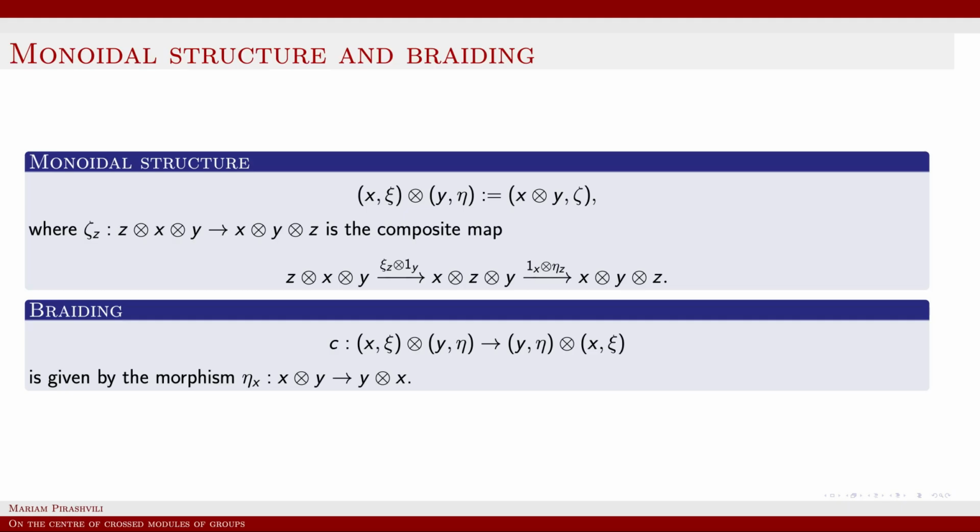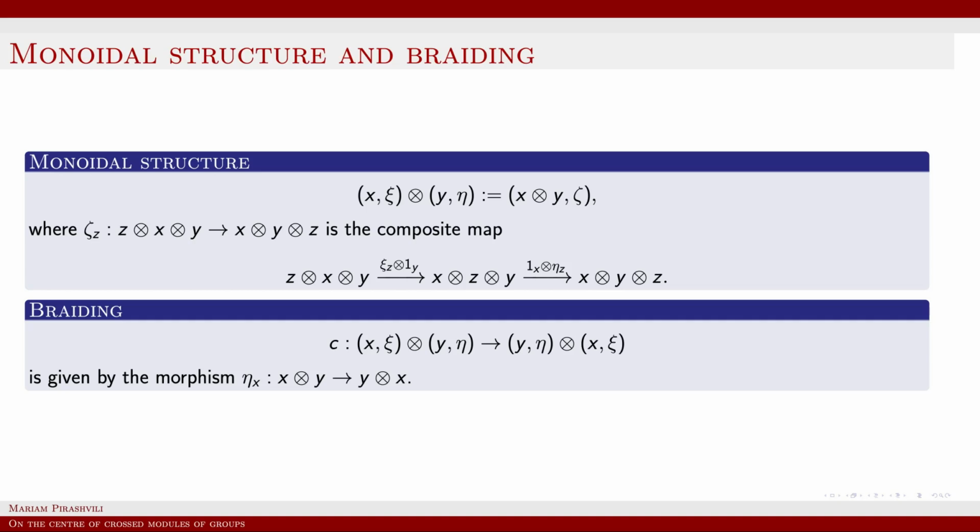Okay, so we still have to say the monoidal structure, and then we have to say the braiding. The monoidal structure is given, in the first component, we just use the monoidal structure in C, and the second component is given by this composite map. It's nice to have slides because writing down these things would have taken forever.